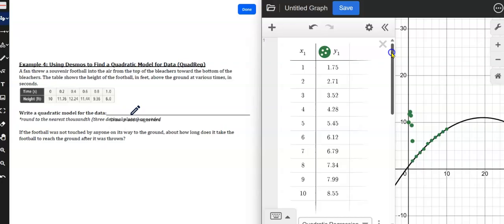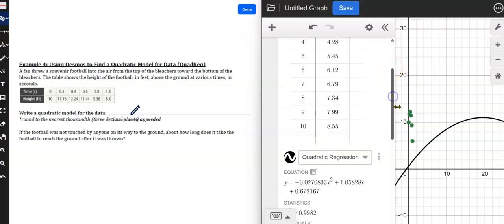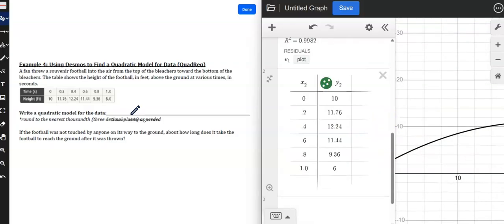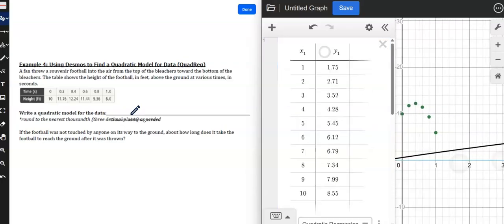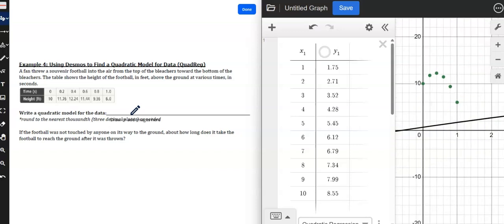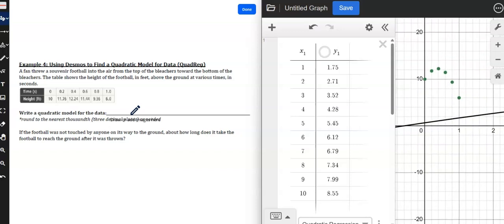I think I'm going to shut the other one off. I can see all my coordinates are bunched up, so I'm going to stretch them out a little bit and see if I can see a parabolic pattern, which it looks like I am seeing a parabolic pattern.